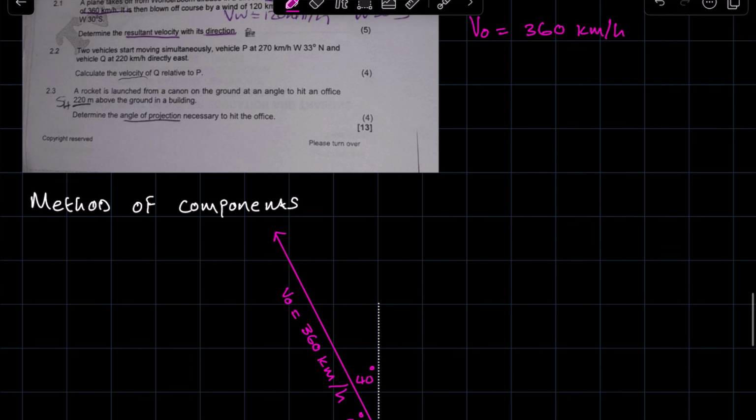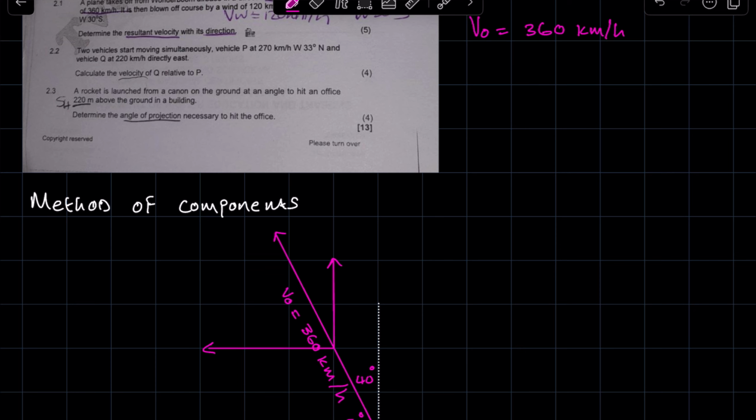That is why oblique vectors we need to resolve into their components. So resolving the vector into its components, we're going to have a vector parallel to the y-axis and one parallel to the x-axis.